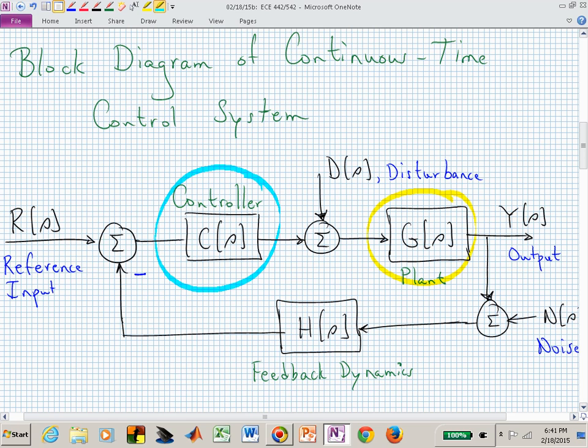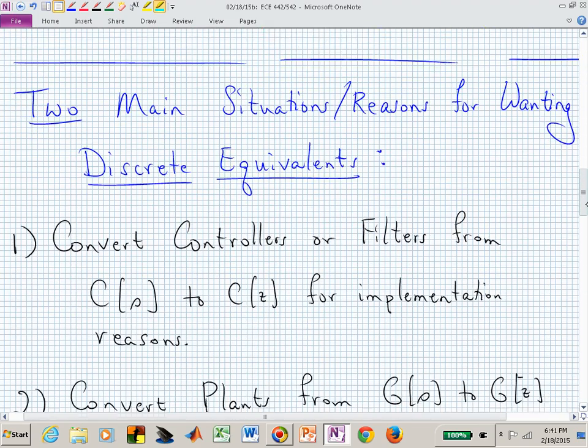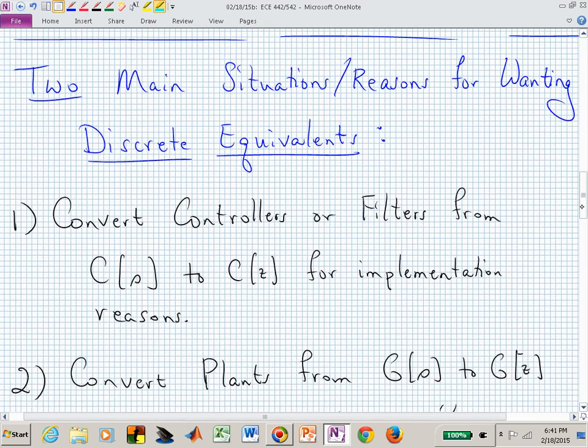And we can use different techniques for going continuous to discrete depending on whether we're dealing with G or C. That's the idea that we're wanting to cover. There's two main situations when we might want to go C to D, and that's what I just highlighted. One was blue and one was yellow. Don't ask me which was which, but we'll clear that up as we go.